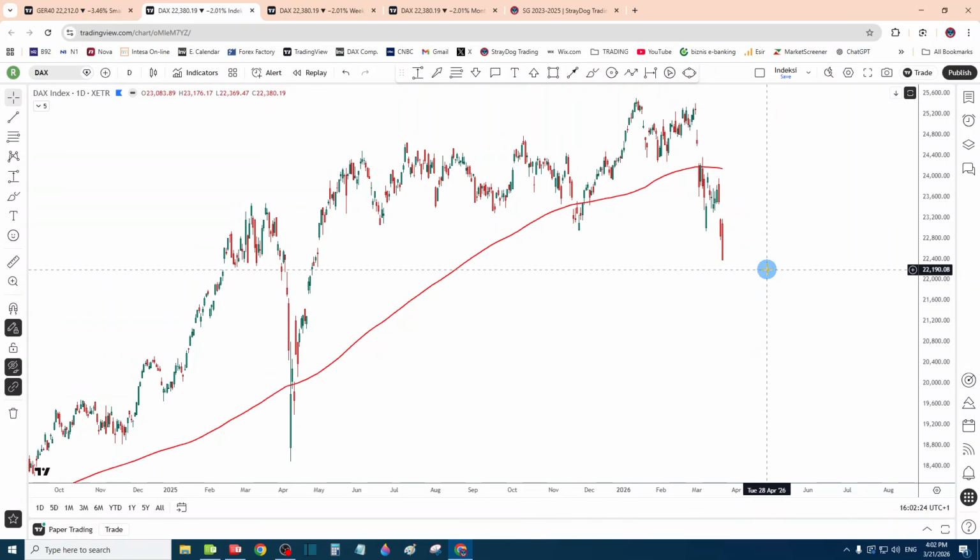I wrote in the morning notes when we first had that gap down, Monday, March the 2nd, that usually these conflicts involving Iran and Israel, in the past, would last from 2 days up to 2 weeks and be over very soon. It would be a scare, and everybody bought that dip and happy days.